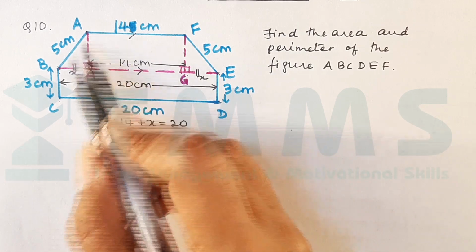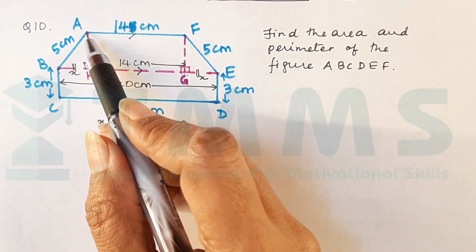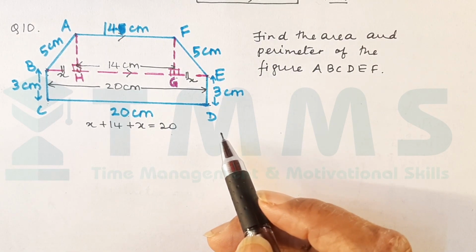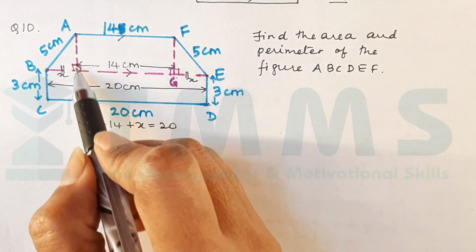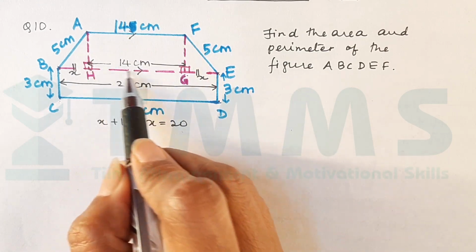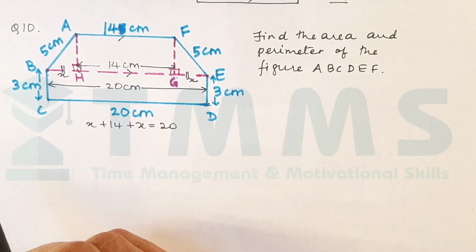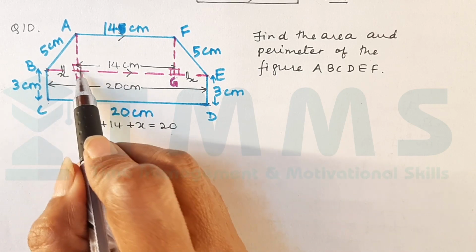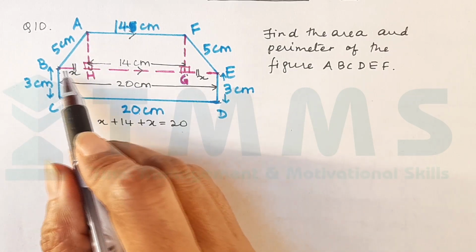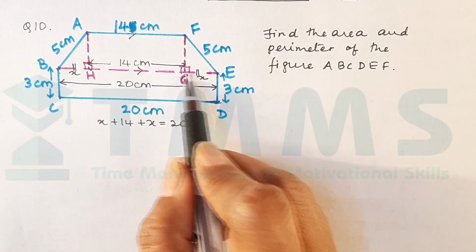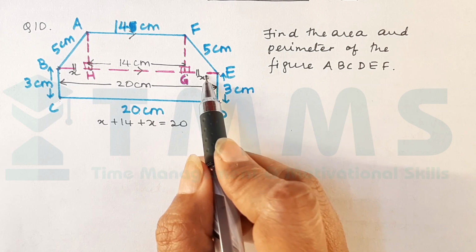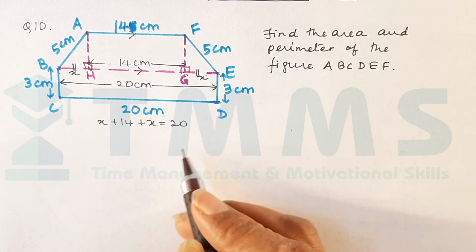Now, this is a trapezium, and that too 5 centimeters, 5 centimeters means it's an isosceles trapezium. If we drop the perpendiculars, if this is 14 centimeters, this also will be 14 centimeters. So your BH and your GE are going to be equal sides. So we write this as X, we write this as X, and then it becomes X plus 14 plus X will be equal to 20.